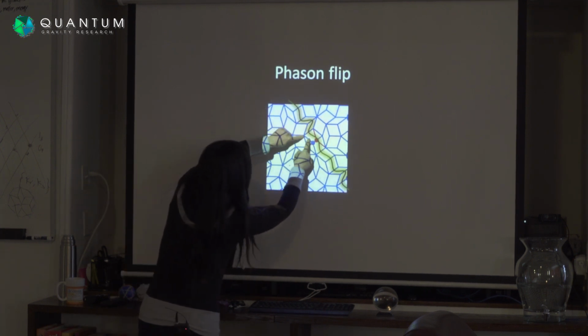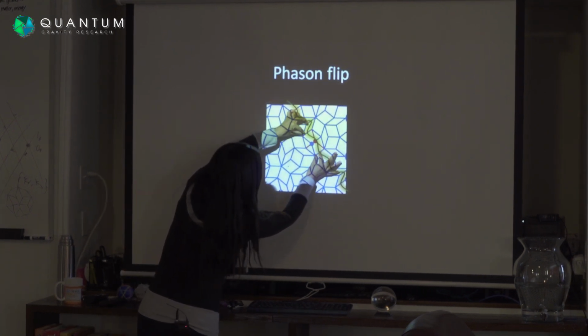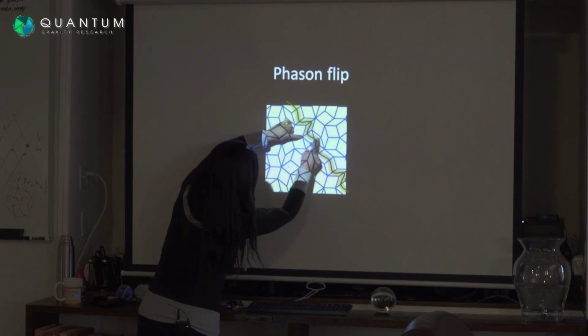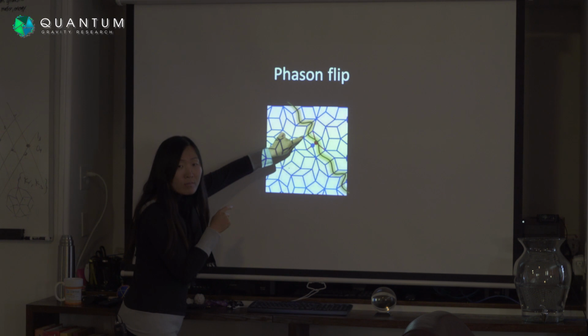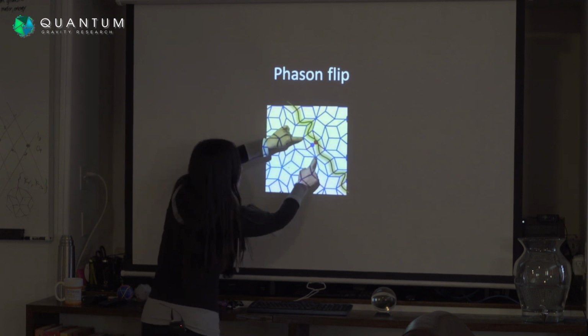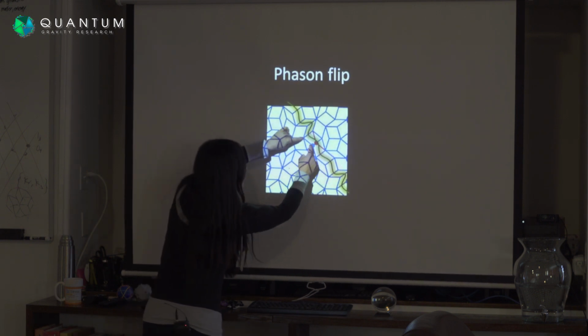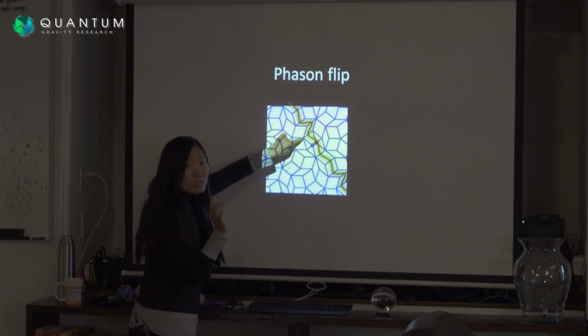Just focus on this area. You have this tile, and this tile, and this tile. You have this thin rhomb, the fat rhomb, and the fat rhomb. Ignore the red ones, just focus on the blue.